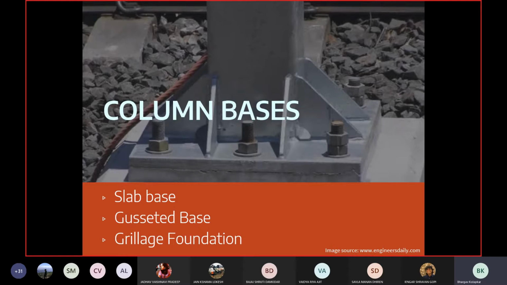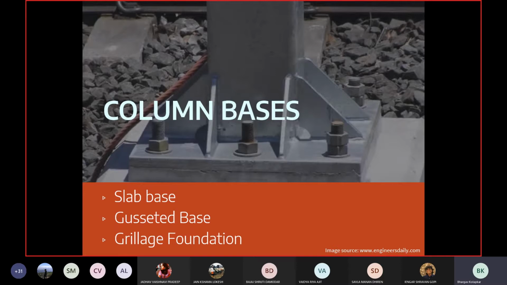You always see that these columns are resting on a bulky concrete platform or pedestal. But before resting that column on that concrete platform or pedestal, there's always a plate in between, and these plates or arrangements are called column bases. So basically, these form a medium between the column and the footing.